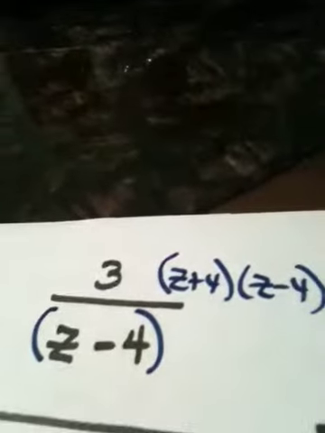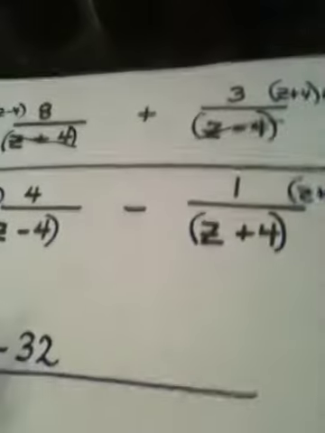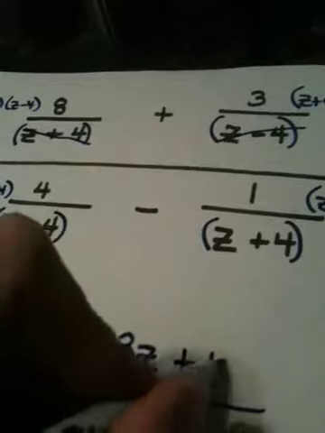Here, when I cancel the z minus 4's, I distribute a positive 3. I take 3 and I multiply it by z plus 4. That gives me a positive 3z and a positive 12.